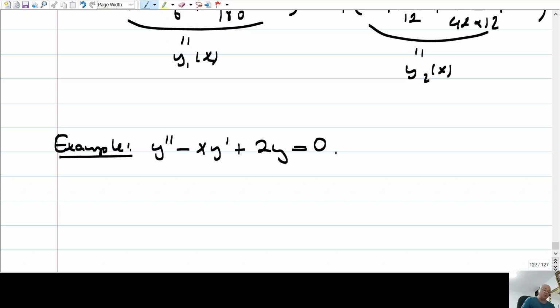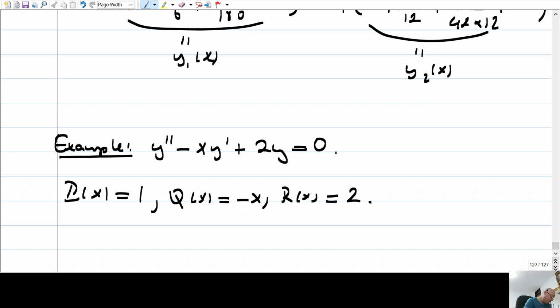Okay, this is equal to what? So here, if I compare this with the general form, then p(x) is just the constant function 1, q(x) is minus x, and r(x) is equal to 2.